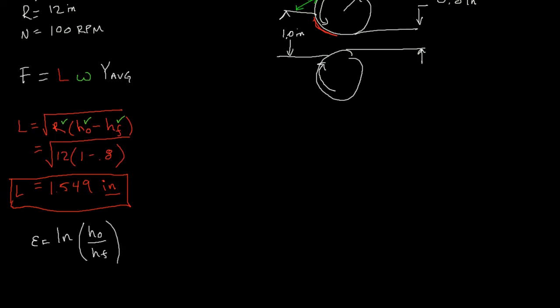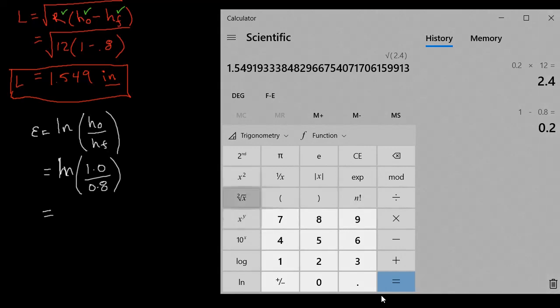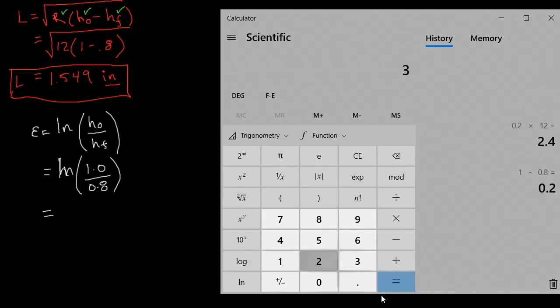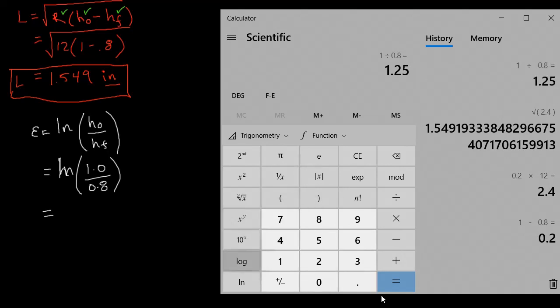So again, we have all of this information. This is equal to ln of 1 over 0.8. 1 divided by 0.8 is 1.25, and we'll take the natural logarithm of that, and it's 0.223.